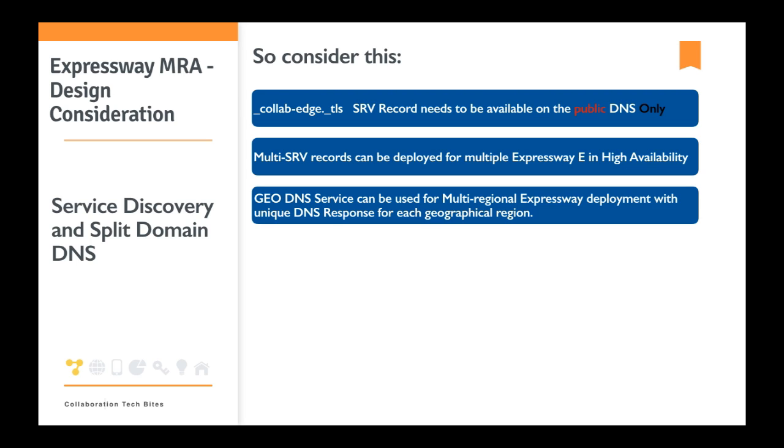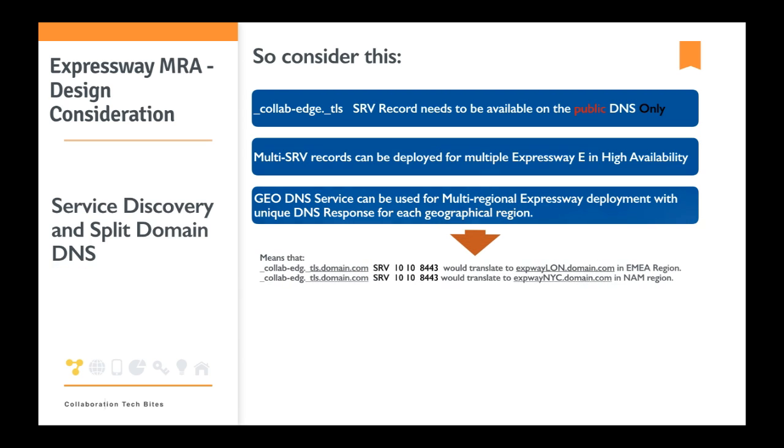In a GeoDNS service, if you are designing Expressway in a multi-regional environment, you need to have a public DNS response that identifies your location and gives you the DNS SRV reply of your regional Expressway.